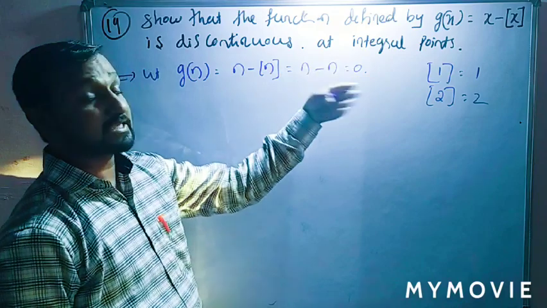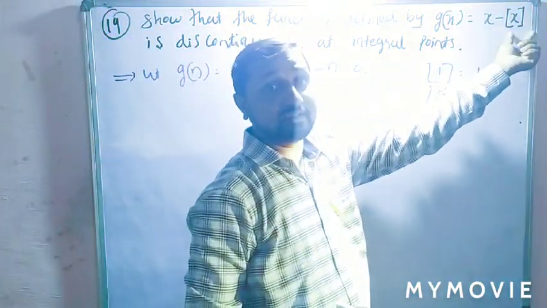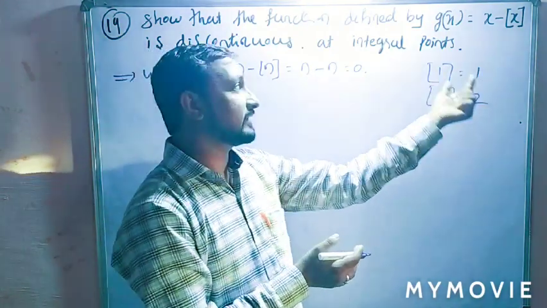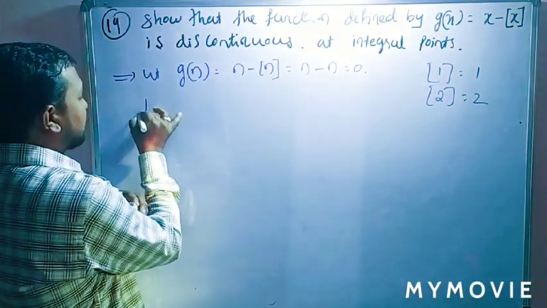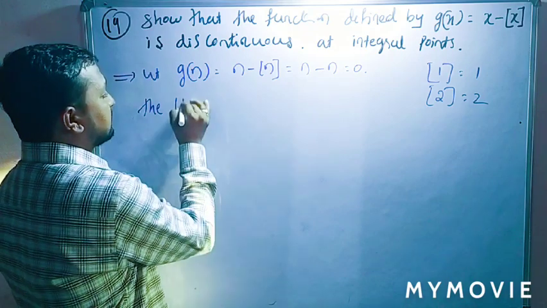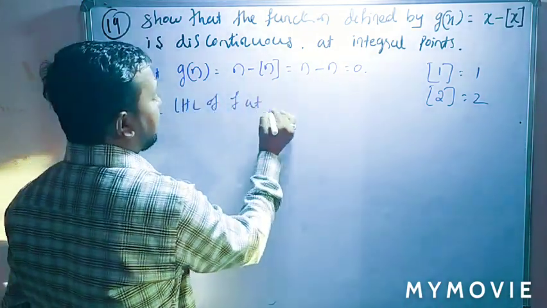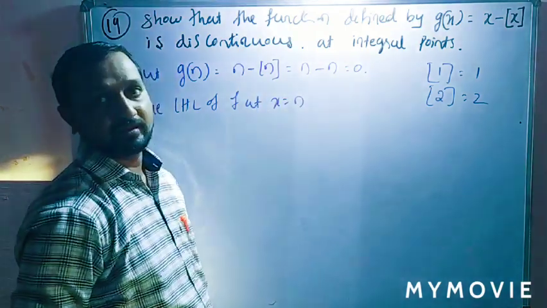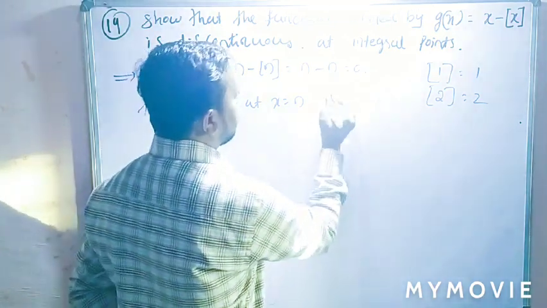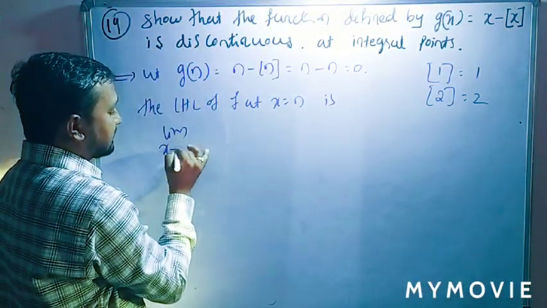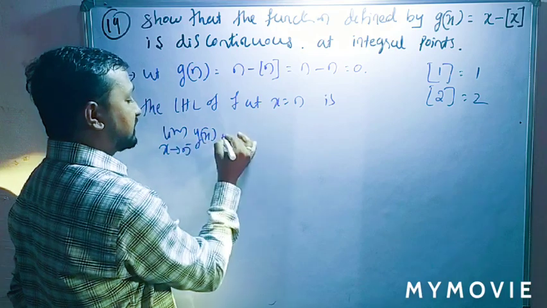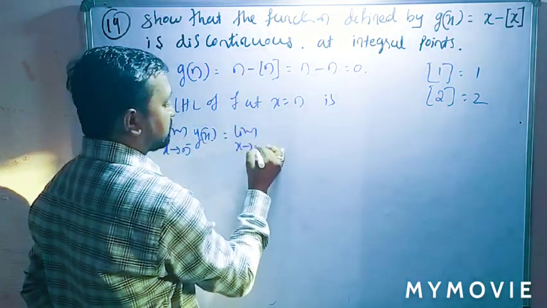So we can take the LHL as well as the RHL, because the greatest integer function is defined as less than or equal to, like the modulus function. So the left hand limit, or LHL, of g at x equal to n, where n is a number, is the limit of x tends to n minus of g of x.